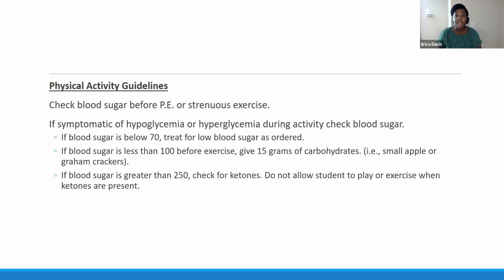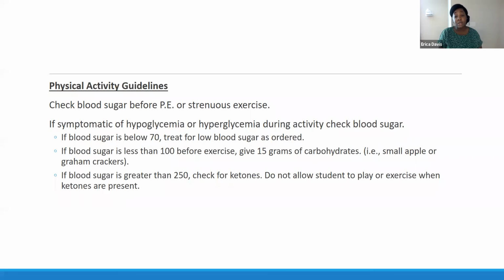Erica mentioned that when it comes to checking blood sugar, sometimes there can be some exceptions. One exception could be if a child has eaten a meal in the last hour or so, and we are needing to check their blood sugar before exercise, you can actually utilize that pre-meal blood sugar check in order to keep from having to check that child's blood sugar via a finger stick.